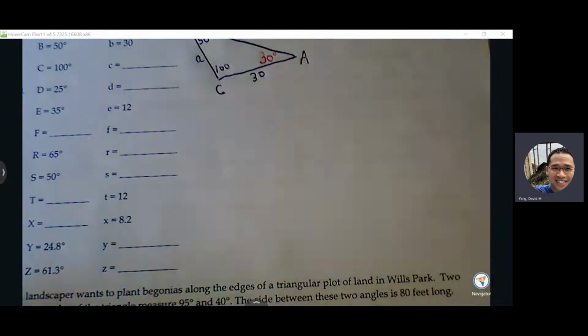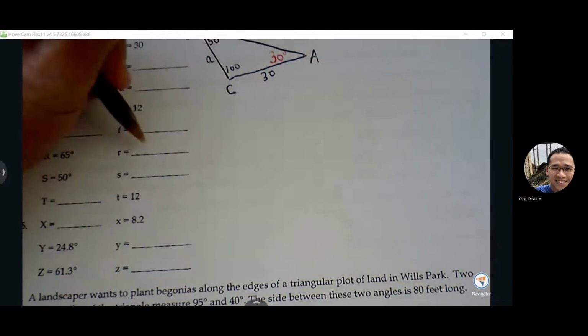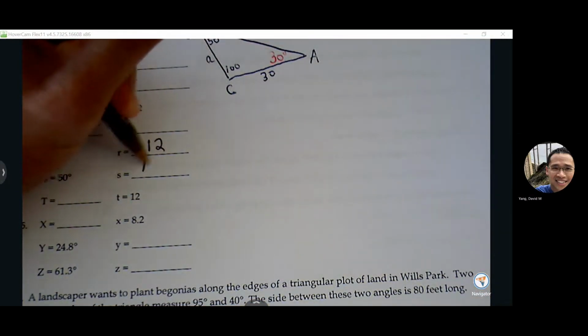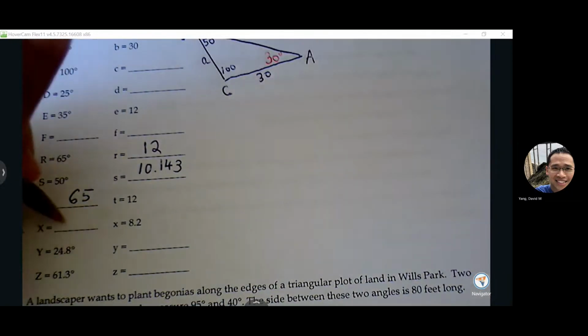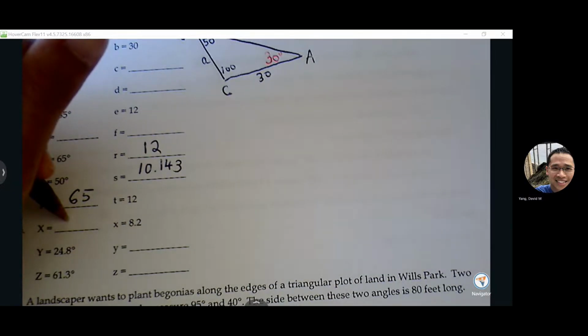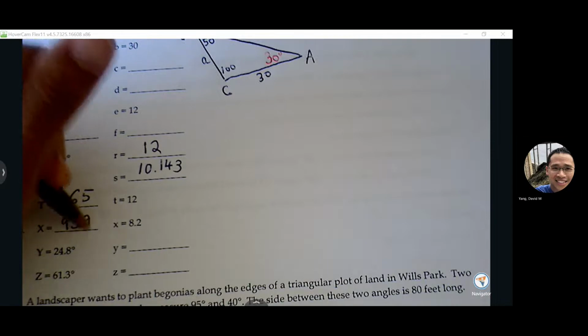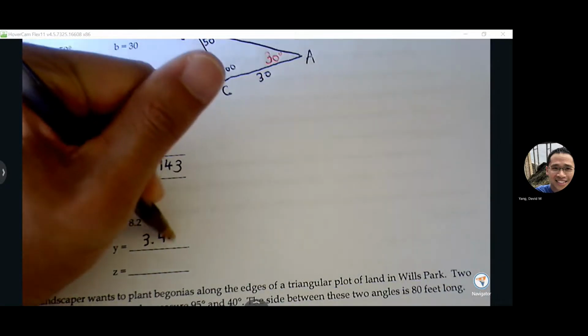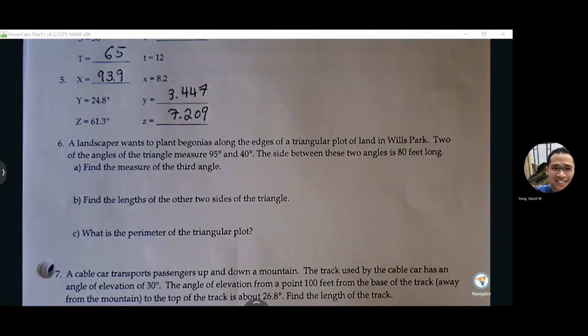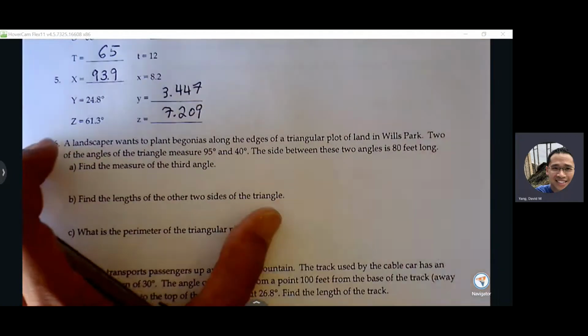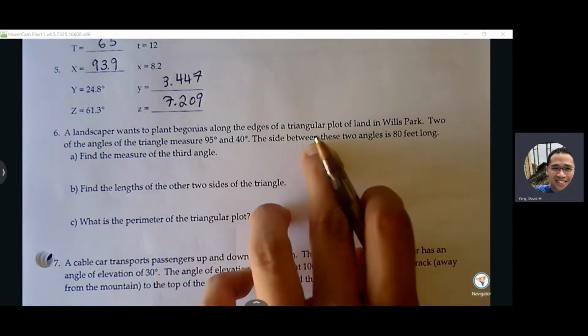Okay, let's look at number 6. A landscaper wants to plant begonias along the edges of a triangular plot of land.